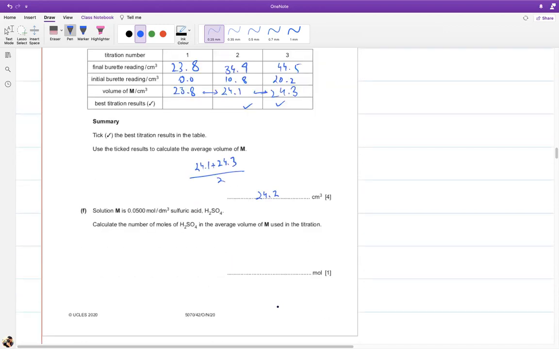All right, ये क्या है? ये sodium hydroxide है. No, wait a minute. This is sulfuric acid. Okay, because M is sulfuric acid. Solution M is 0.05 mole per dm cube sulfuric acid. और इसी M की 24.2 cm cube हमने volume use किया है. So what is the number of moles? Number of moles is concentration times volume, divided by 1000.